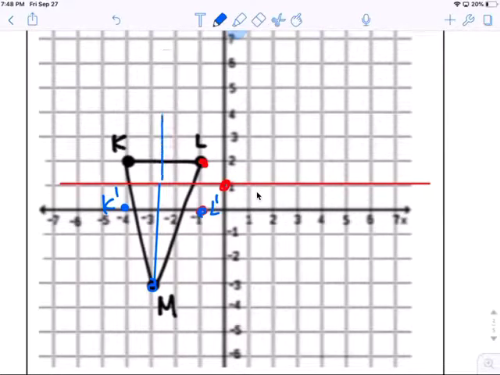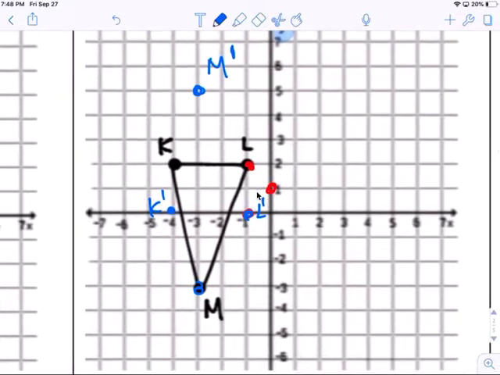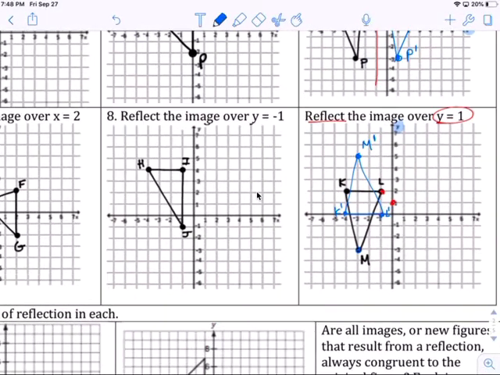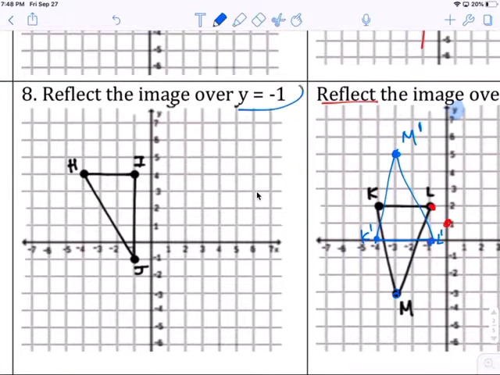How many? 4? So 4 here, so 4 this way. Right there, that's M prime. Erase all that extra line, and then K to L, L to M, M back to K. That's reflection over y equals 1.